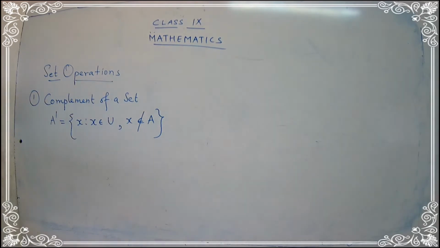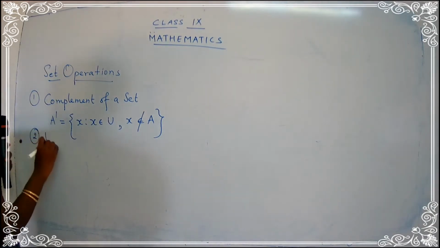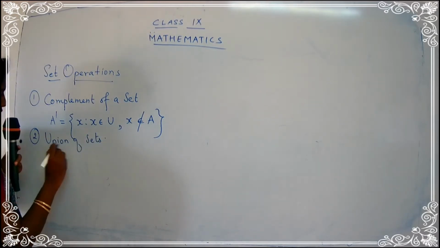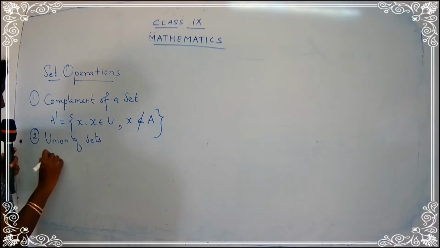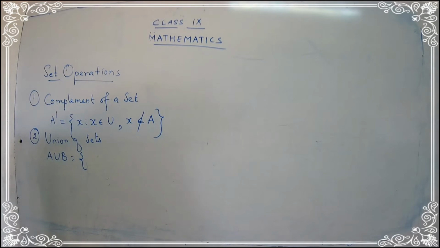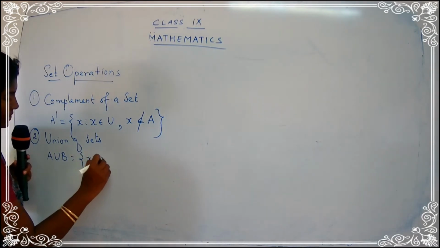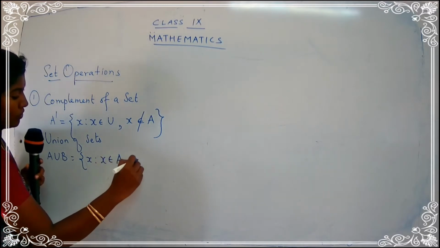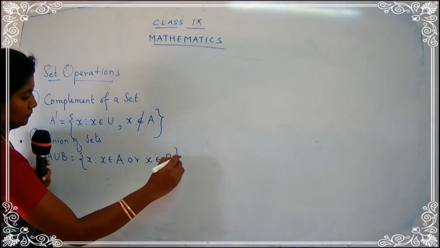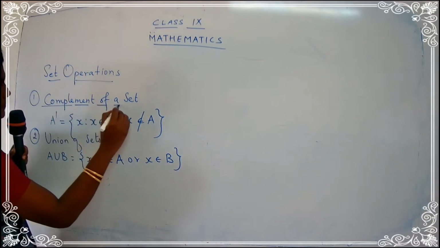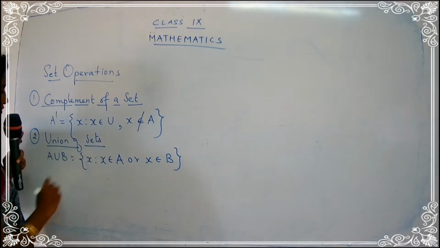Okay, the second point, union of sets. It's A union B, x such that x belongs to A or x belongs to B. So the first one was complement of a set, the second one is union of sets.